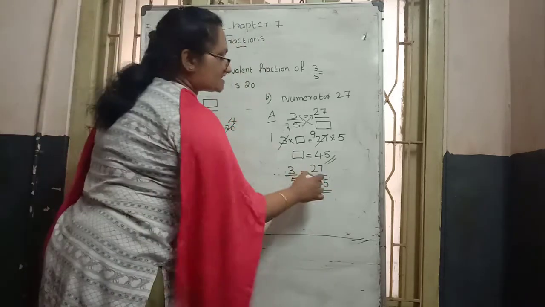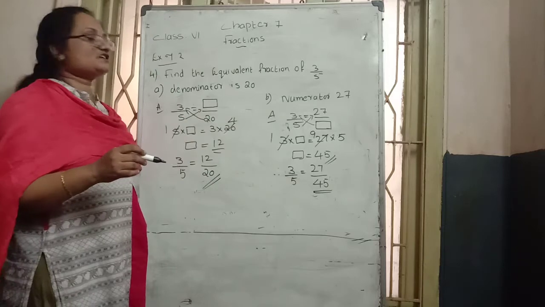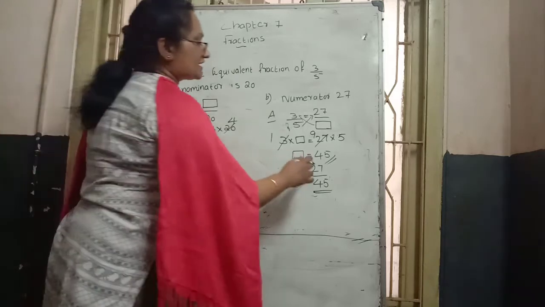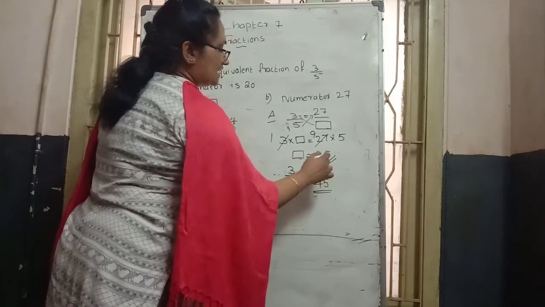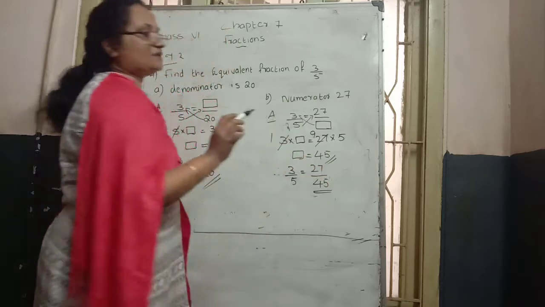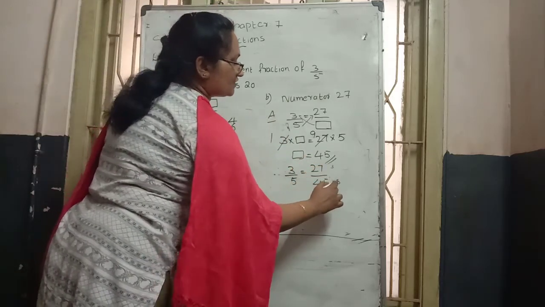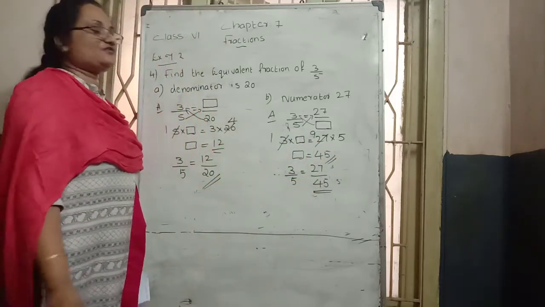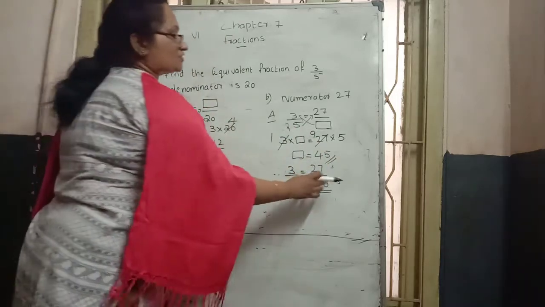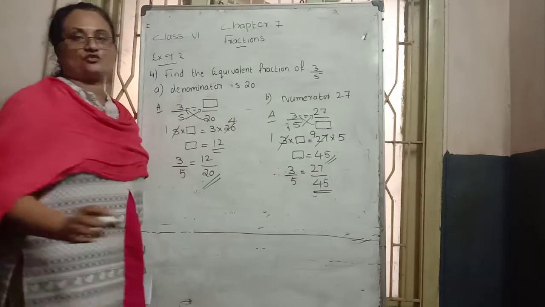Meaning 27 and 45 are cancelled with which number? 9, we get 3 by 5. 9 table, 27, 3 times. 9 table, 45, 5 times. That's why the equivalent fraction for 3 by 5 becomes 27 by 45.